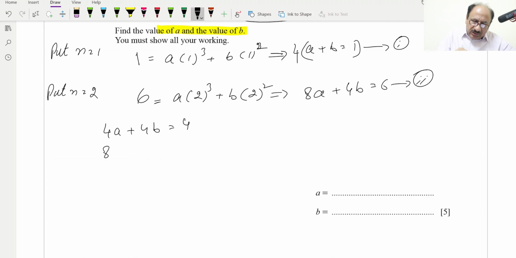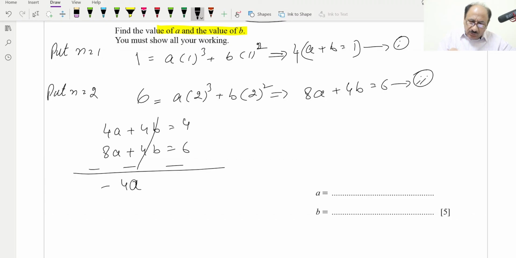The second equation will be 8a plus 4b is equal to 6, and we can subtract, changing signs. This will be gone, and this will be minus 4a is equal to minus 2, so a is equal to 2 by 4, which is equal to 1 by 2. So a value is 1 by 2 or 0.5.